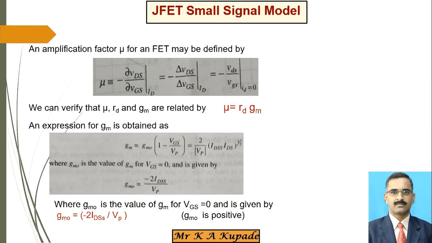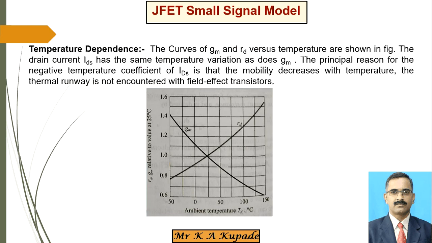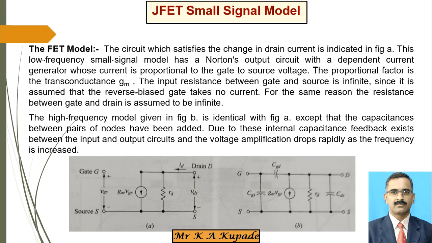By considering all the above equations, we can calculate gm. Next, we discussed temperature dependence, how temperature affects the transconductance and the drain resistance rd. As the temperature increases, gm decreases, and as the temperature increases, rd also increases. Last is the equivalent circuit.